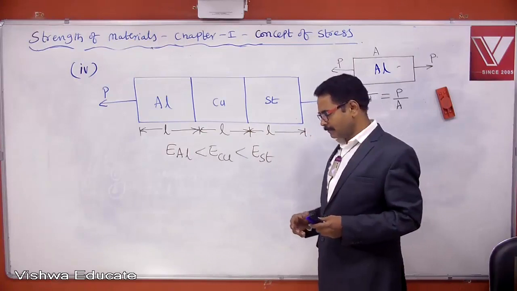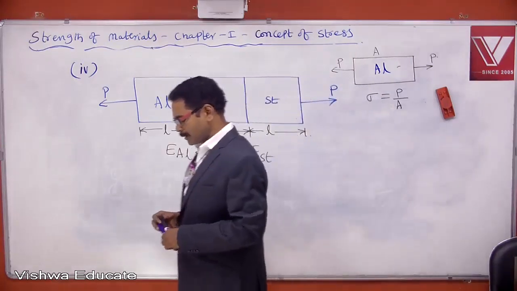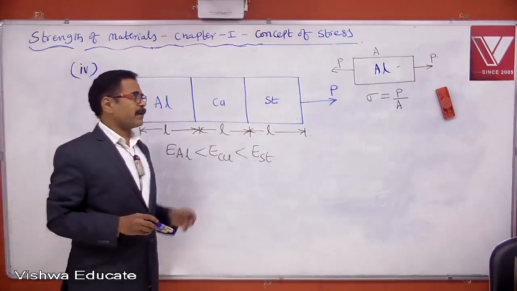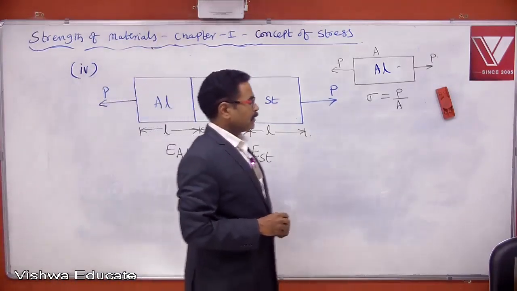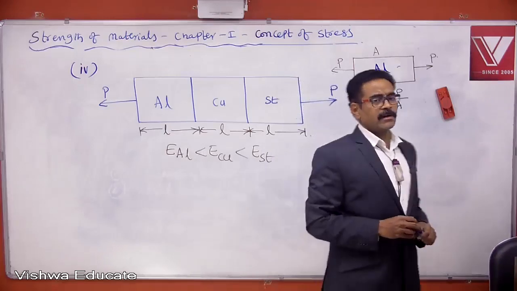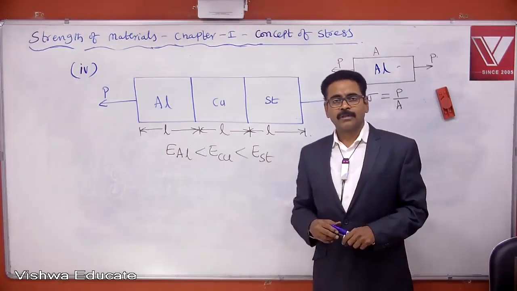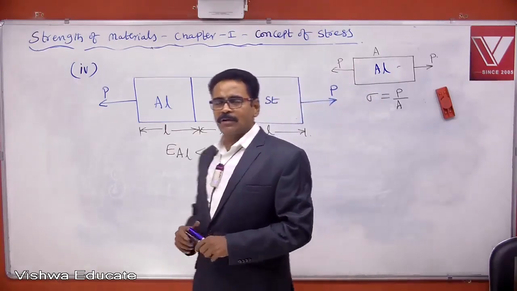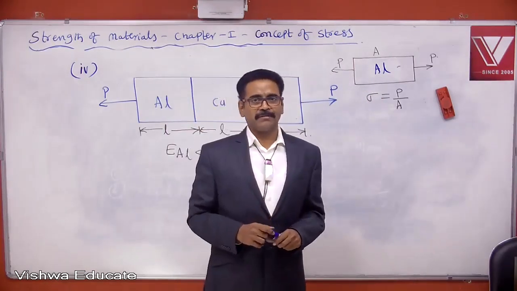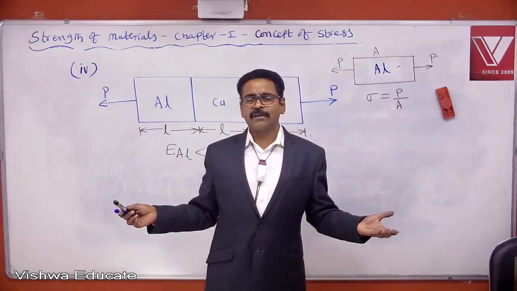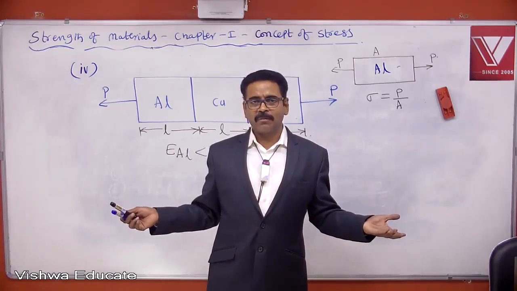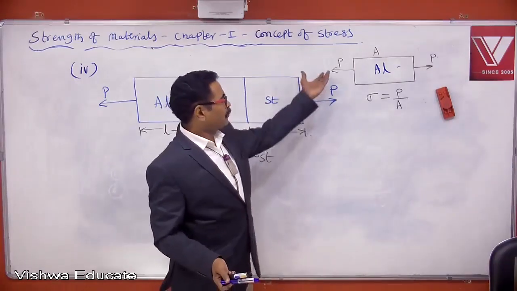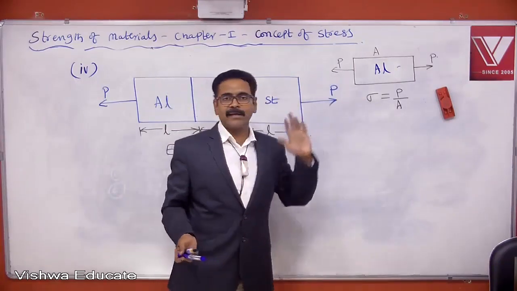Please write this important sentence: stress is independent of material. Only thermal stress is a function of material. Ordinary stress is not a function of material. The bar may be made with wood or steel or copper or aluminium. When force is same and area is same, you will get same stress.